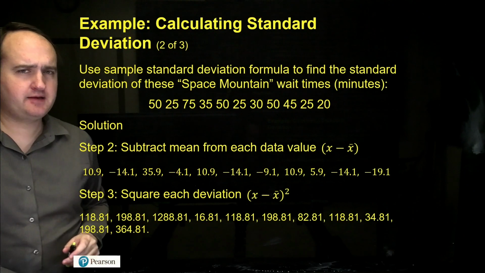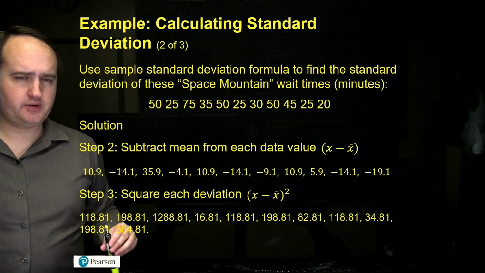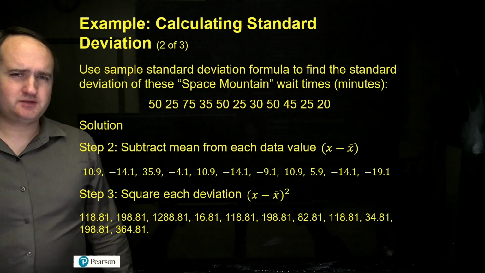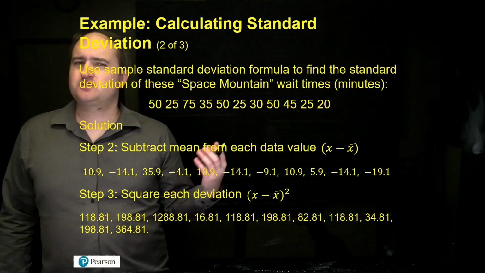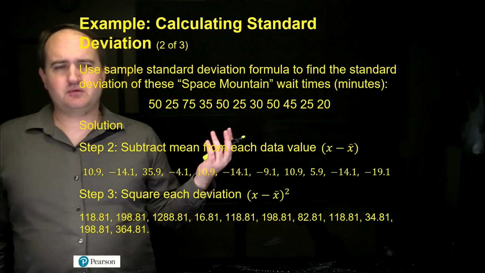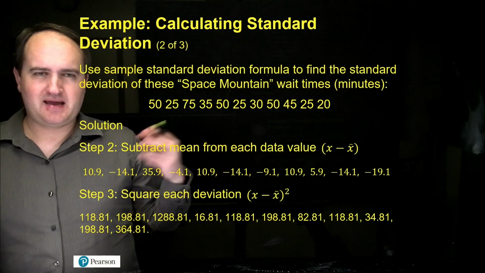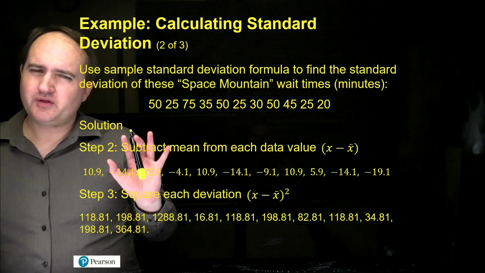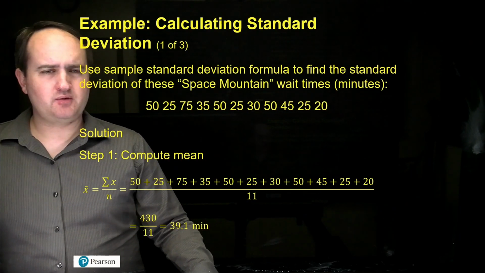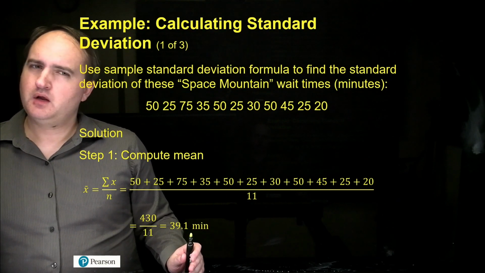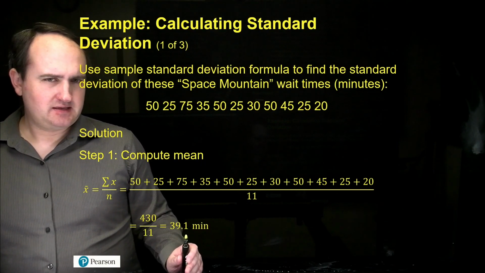One thing that you should take note of, though, is here they're not rounding. So ideally, you want to round at the end. And this is true just in math in general, or any application of math to science. You don't really want to round anything until the very end of the problem. So technically, when they rounded the mean back here, that probably wasn't the best idea.